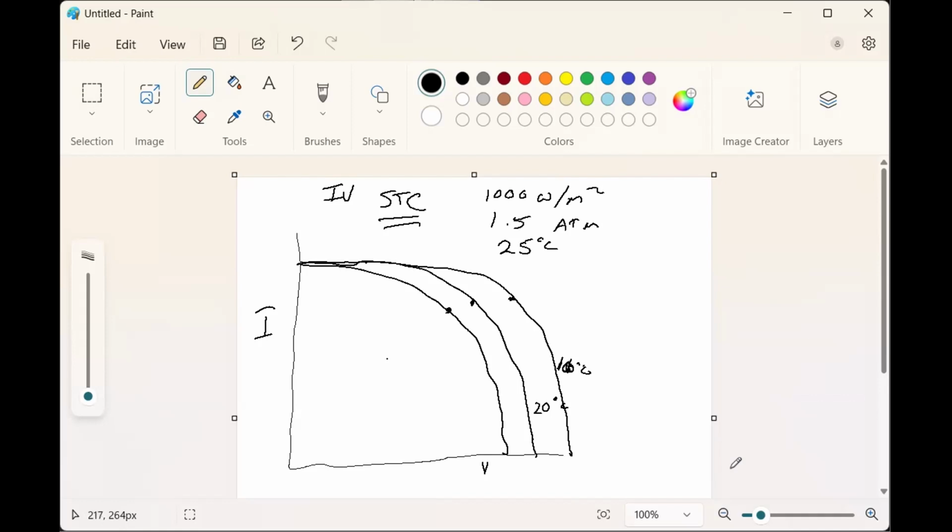Let's say a cloud comes over. Well, now the irradiance, the amps, is going to be affected. The volts not so much, but now that maximum power point is shifted over here. It would be great if the panel kept adjusting its production so it was always producing at the maximum given the specific situation it's facing, the temperature and the irradiance.